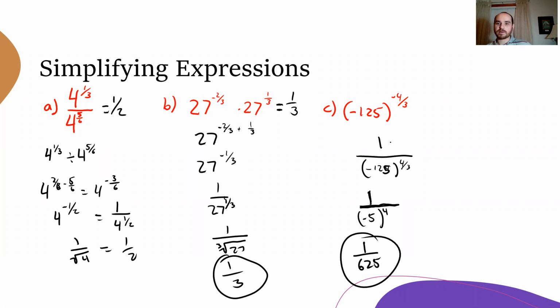You'd want to plug that into a calculator, but this part, the negative 5 to the 4th part, you could also do it by hand, right? 5 times 5 is 25, times 5 is 125, times 5 is 5, carry the 2, 2, carry the 1, 5 times 5 is 6, so 625. So this one equals 1 over 625.